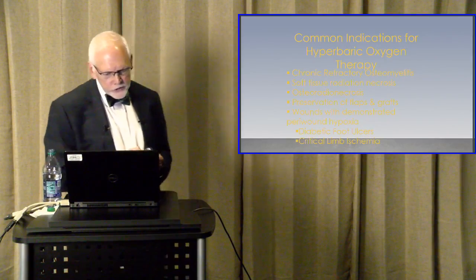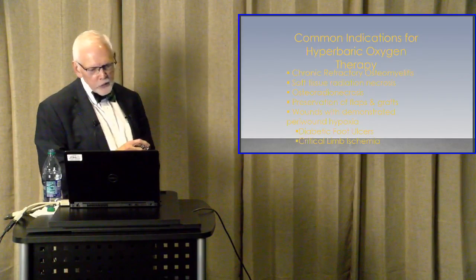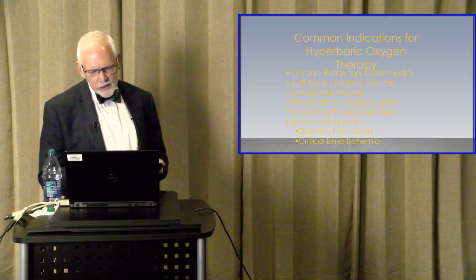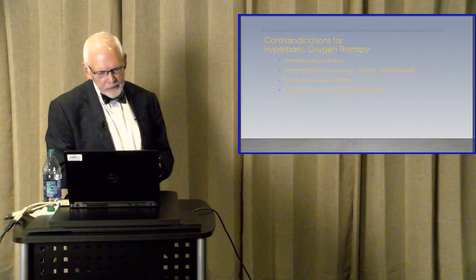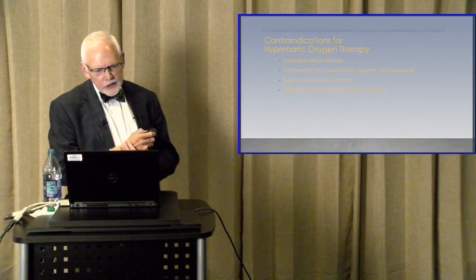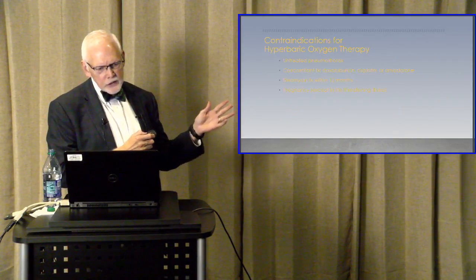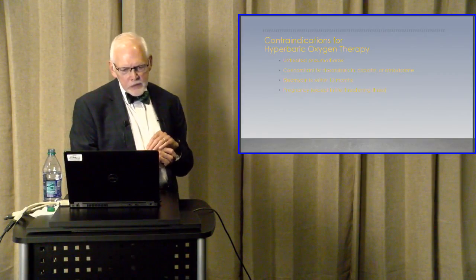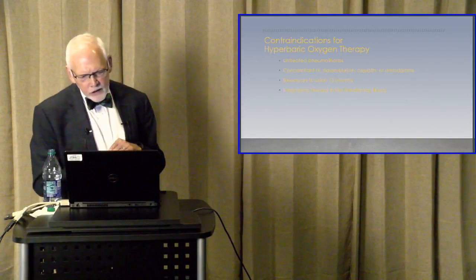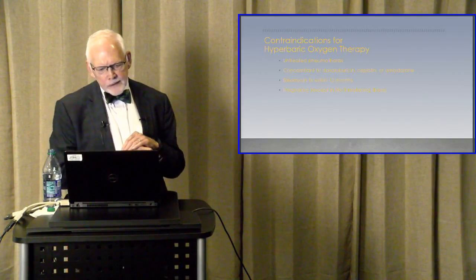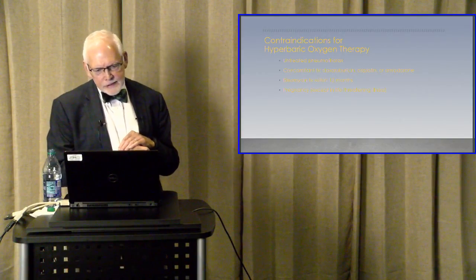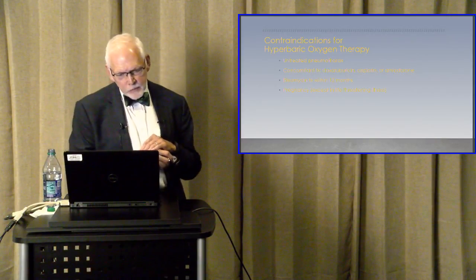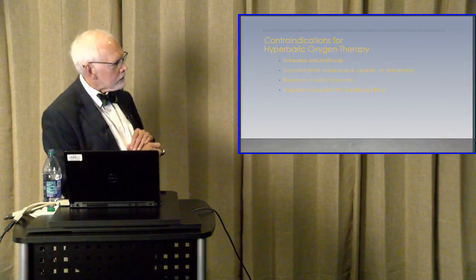Diabetic foot ulcers, it has to be at least a Wagner 3, we mentioned, and then critical limb ischemia. There are contraindications. Really, the only absolute contraindication is an untreated pneumothorax. There are some chemotherapeutic drugs that are contraindicated, but that doesn't come up very frequently. Pregnancy hasn't come up since I've been doing this.